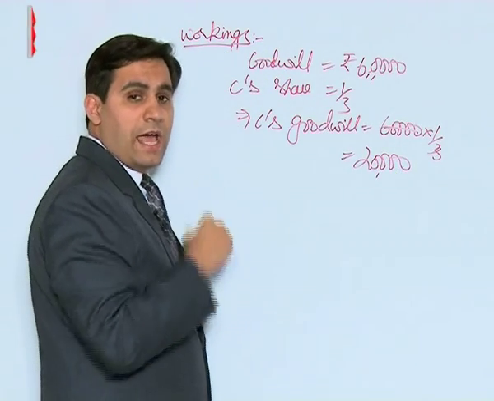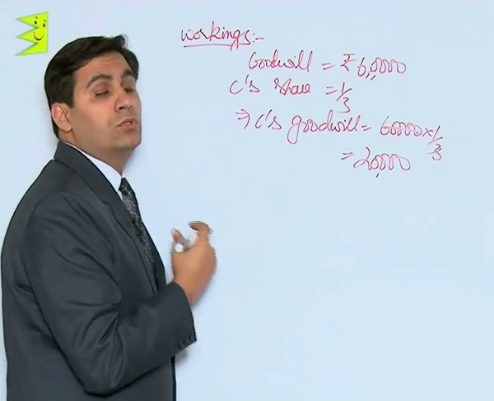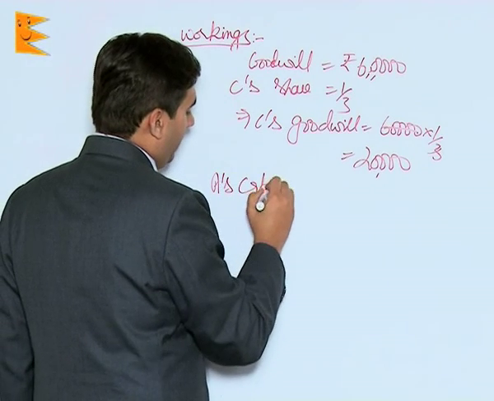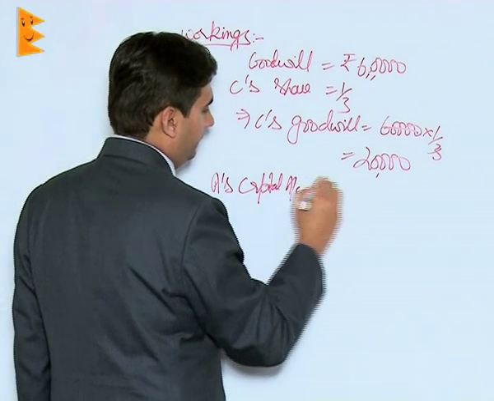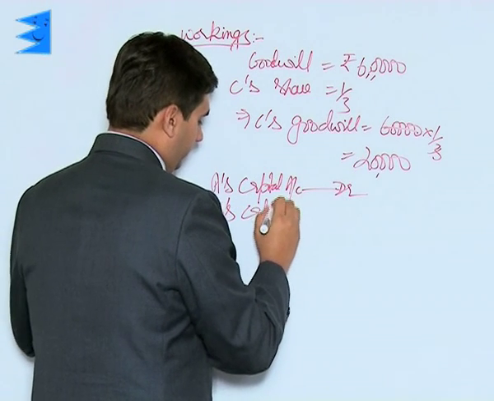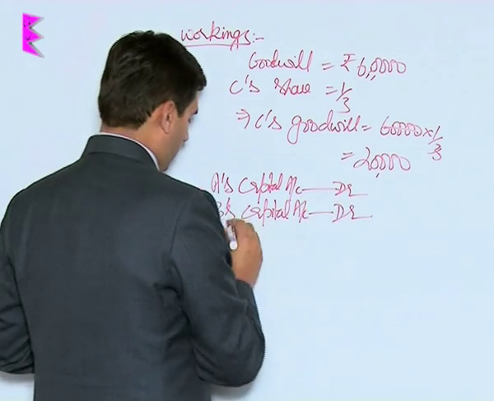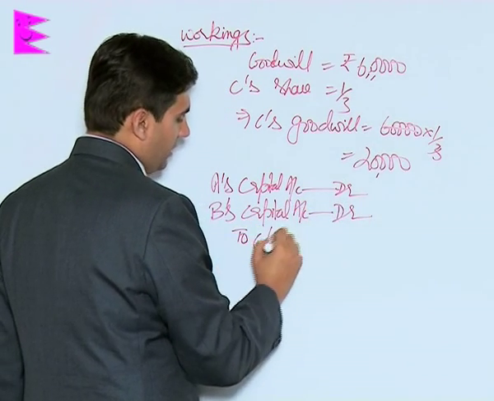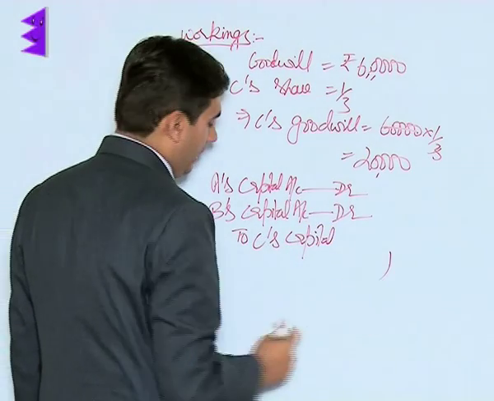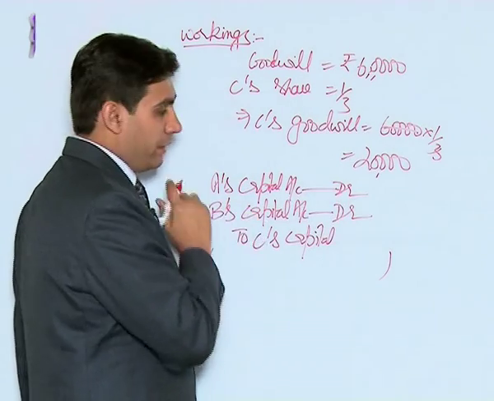This share has to be provided to him by the remaining partners, and they will do so in their gaining ratio. So the entry would be A's capital account debited, B's capital account debited, to C's capital account. Again, the concept of the entry is very clear, that is, the gaining partners are providing goodwill to the retiring partner.